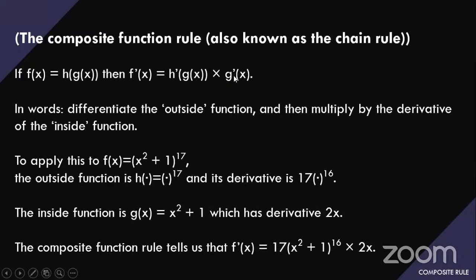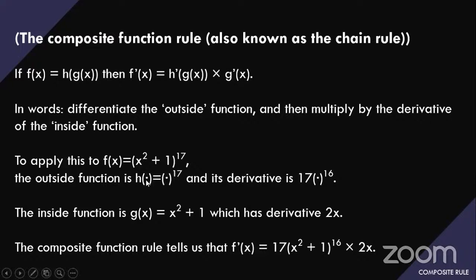So if we bring this composite rule into f of x equals x squared plus 1 to the power of 17, then our outside function, which is h, will be a dot in brackets raised to the power of 17. I kept the inside function as a dot because I don't want to bring out the inside function yet.